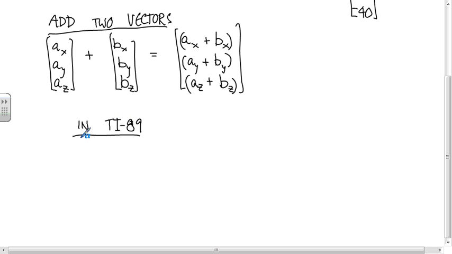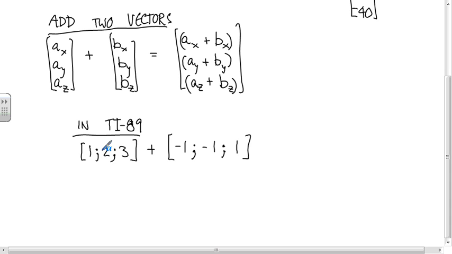In a TI-89 calculator, you could do that as 1, 2, 3 plus negative 1, negative 1, 1. The semicolons here in this notation mean that you're changing rows.